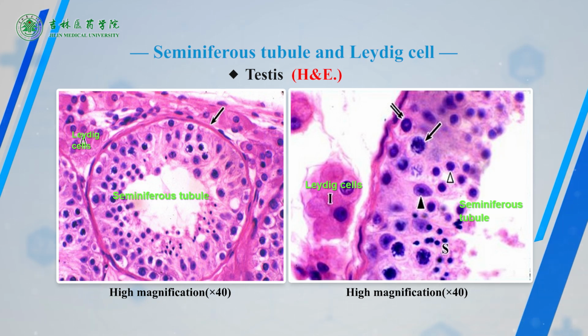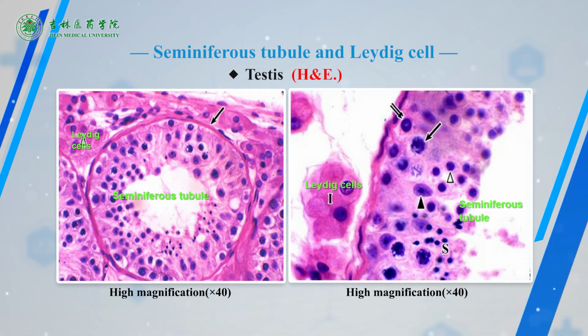On the right slide, the Sertoli cells are irregular columnar cells extending from the basement membrane to the lumen. The black triangle indicates the cytoplasm, which is stained pale pink. The nuclei are large, ovoid in shape, and lightly stained with a small amount of chromatin.